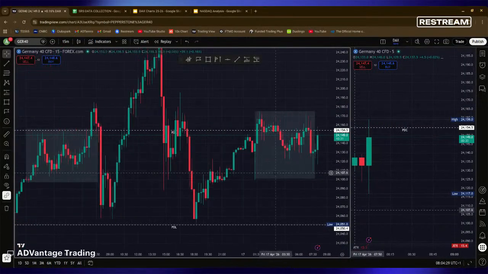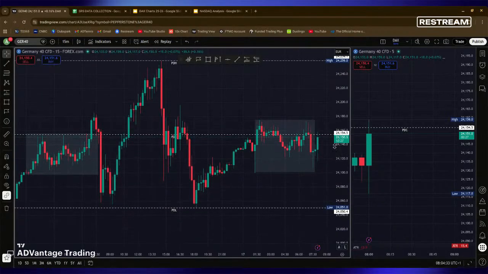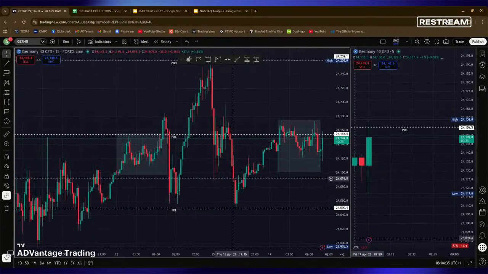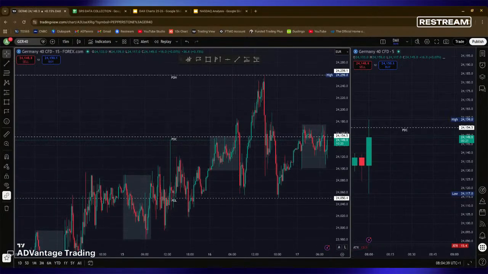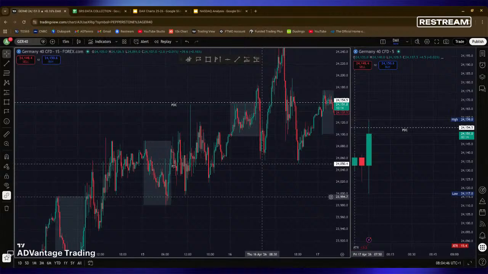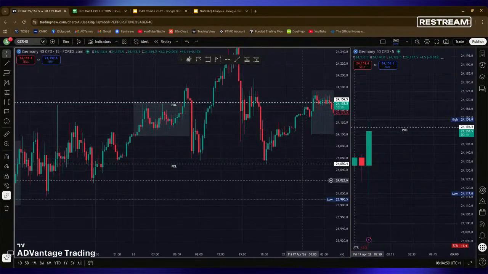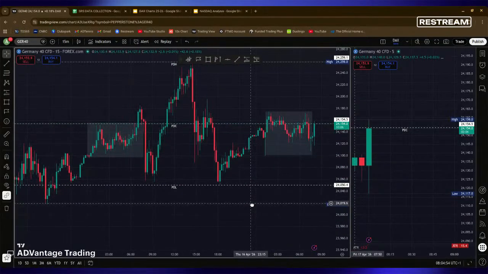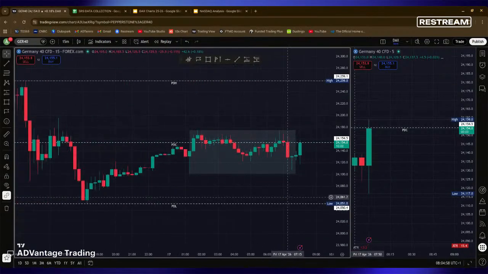Wider context, it has been probably, besides the Christmas week, the quietest week of trading that I have experienced since I started in January of 2025. I'm going to put this down mainly to the very fragile ceasefire that we've got going on between Iran and the USA, because the market really has no idea what to do.